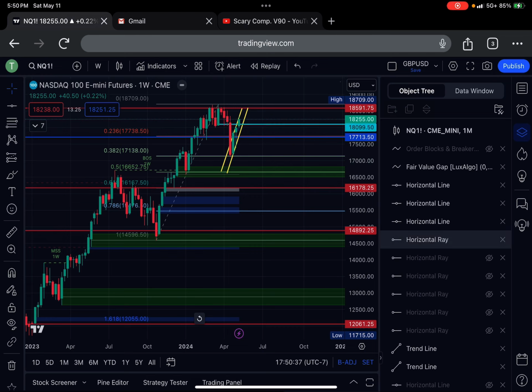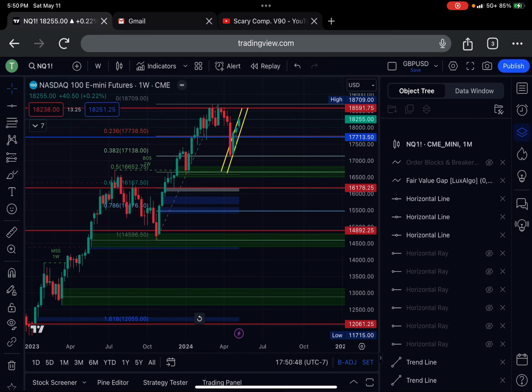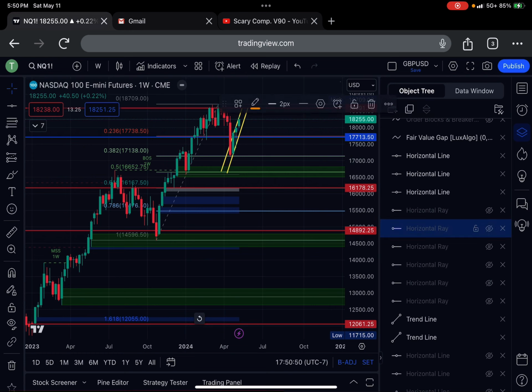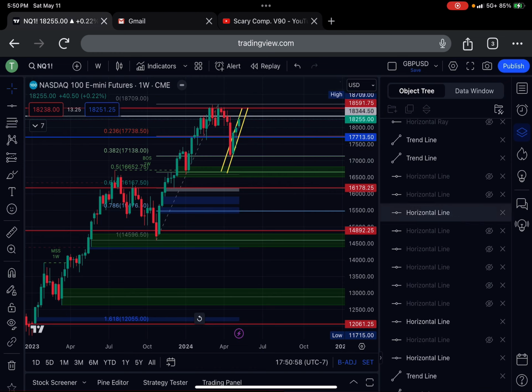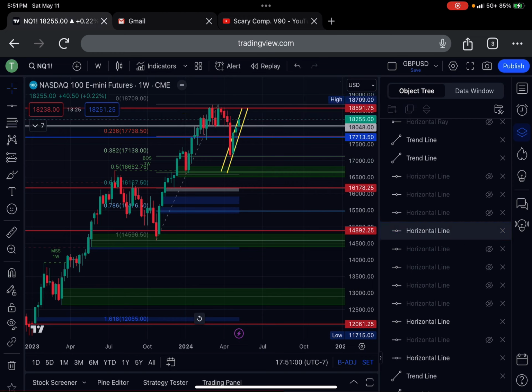So let's see here. Oh, that's a horizontal array. Sorry, don't want that. Turn that off. That's a different thing that I'm gonna try. I'm trying something new, so don't look at the horizontal arrays, horizontal lines. Okay, that's not that one. Turn that off.